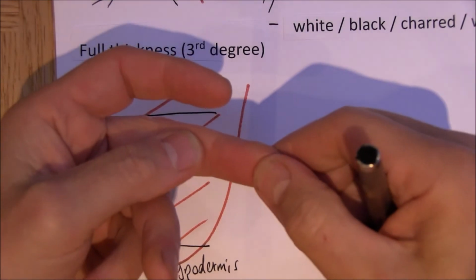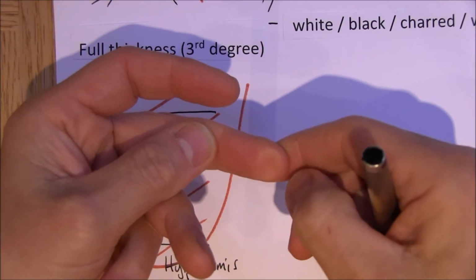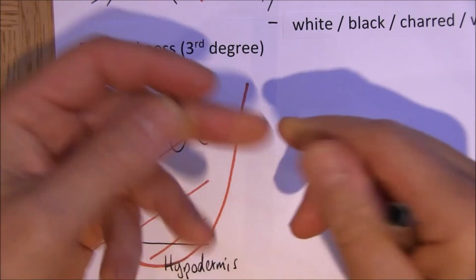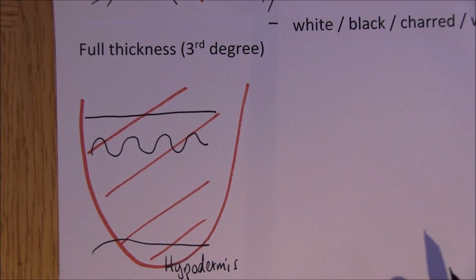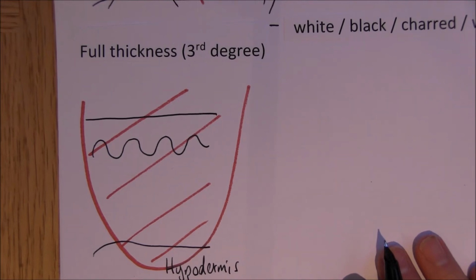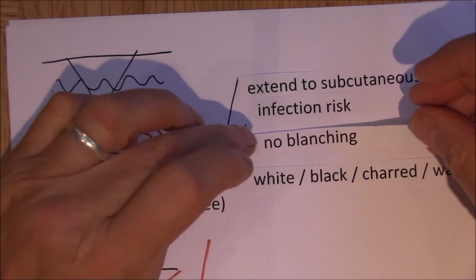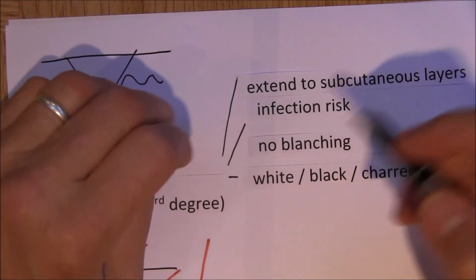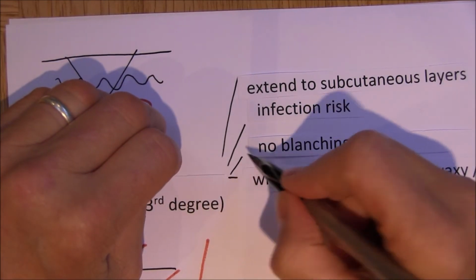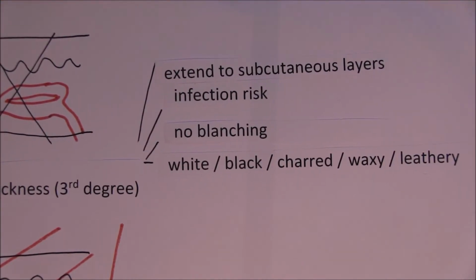When you press, you don't get any reperfusion, because that reperfusion you're seeing is coming from the vasculature in the dermis, and the dermis is gone. So no blanching, indicating full thickness injury.